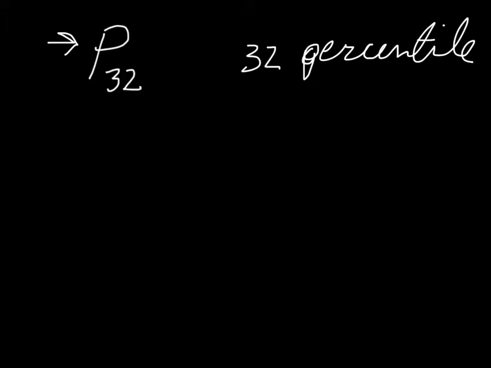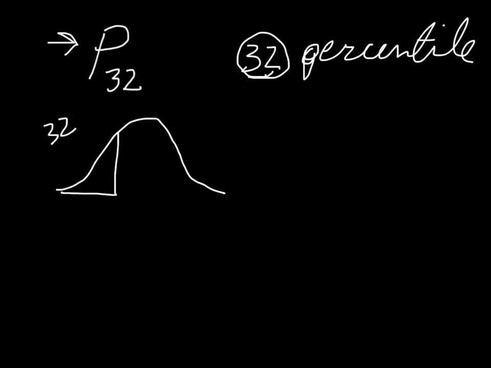Once I give you the number, 32% is below that number. So in a normal curve, if I want to find the 32nd percentile, my area has to be 32%. My probability is 32%, and I want to find the z-score for the 32nd percentile.